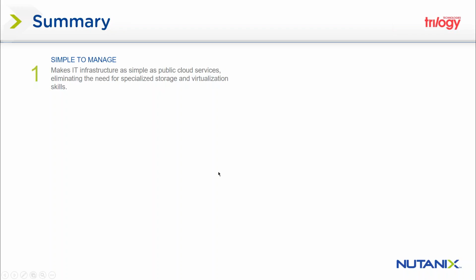So the title of the webinar was the 10 things hyperconvergence can bring to you. So very briefly and in summary, these are the 10 things. First of all, simplicity, I think, is the key. And simplicity brings so many other things in terms of cost savings and agility. But simplicity is the number one thing in my mind.